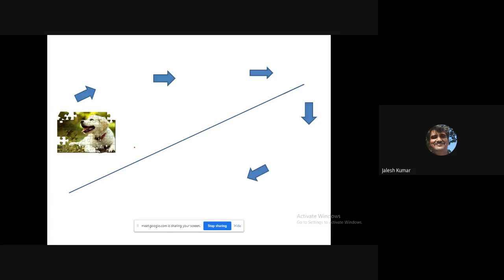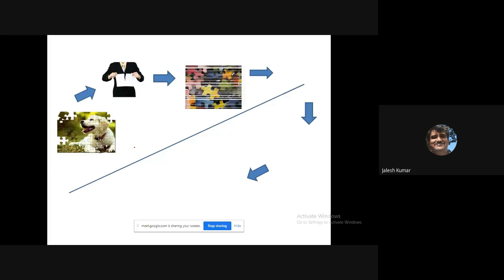What's the main aim? Some particular information. What you are doing is storing that information completely. After storing that, it is a bundle, like a jigsaw. It's one simple example for that.